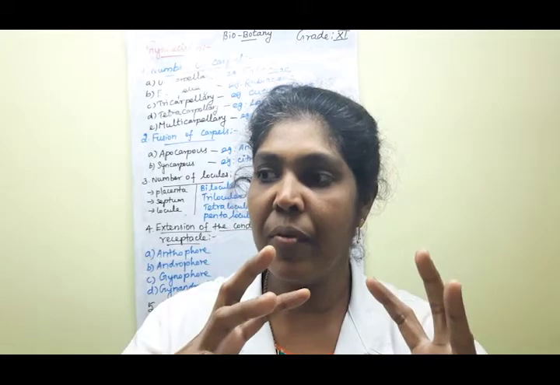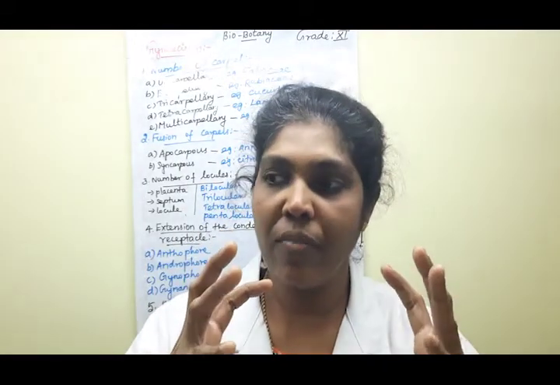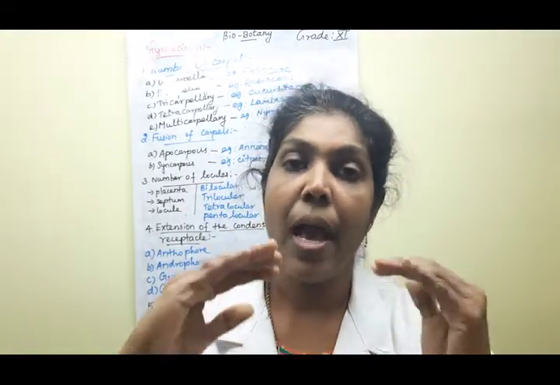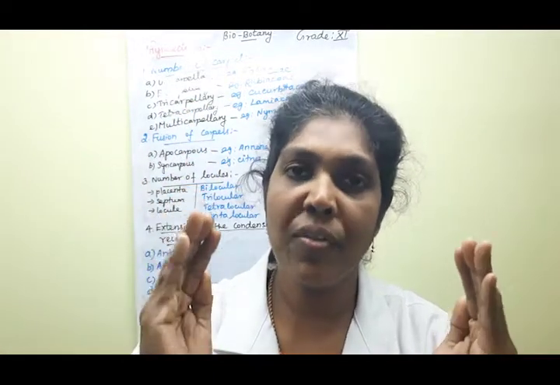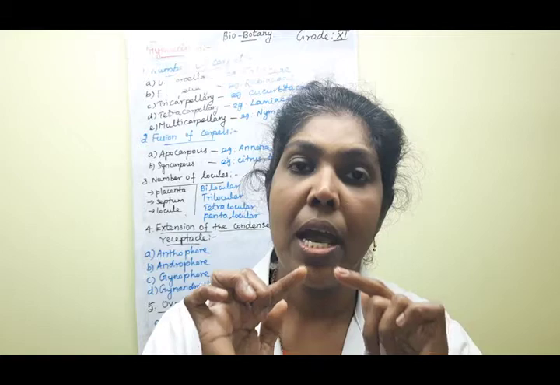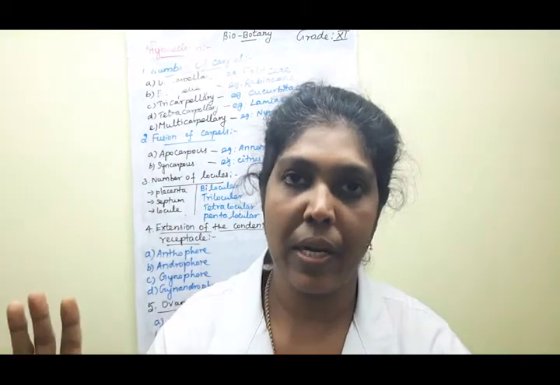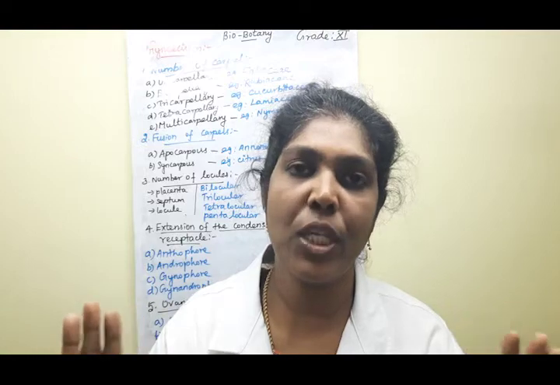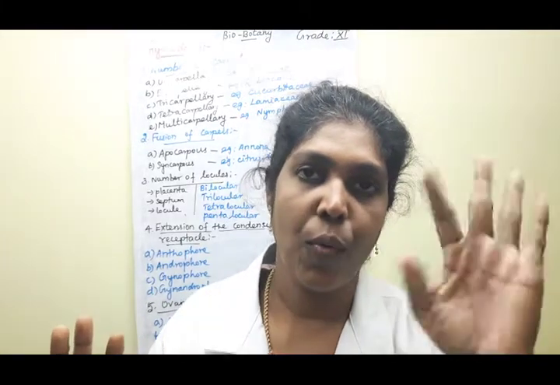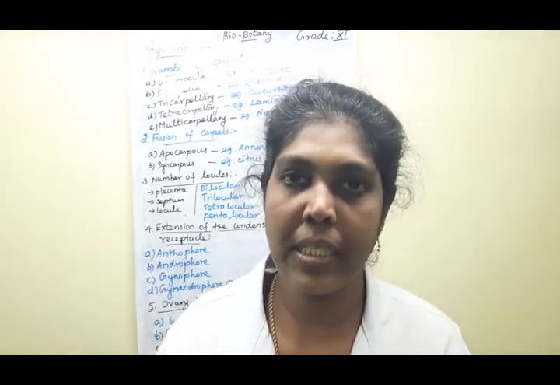Inferior ovary means all the floral whorls arise from above the ovary. Half inferior means all the floral whorls arise from in between, the middle of the ovary. These are the three positions mentioned for the ovary. Understood? Say yes or no?